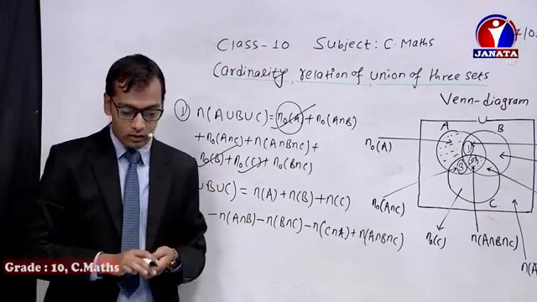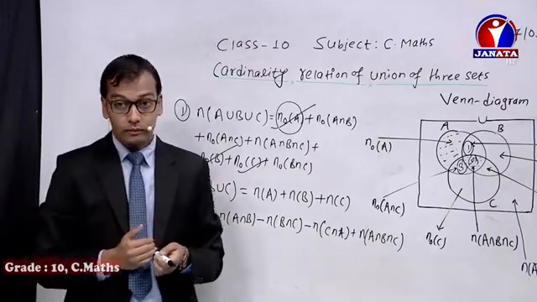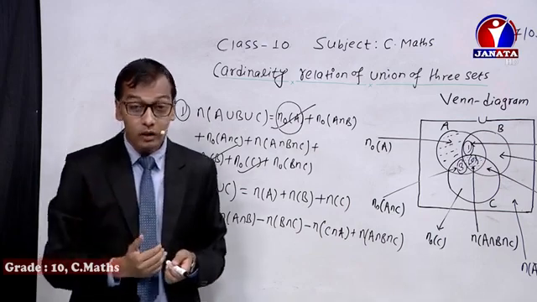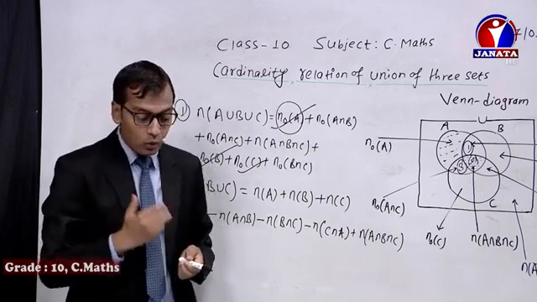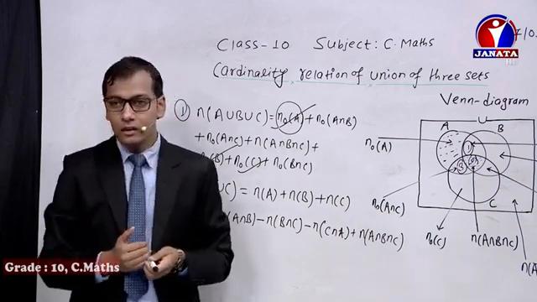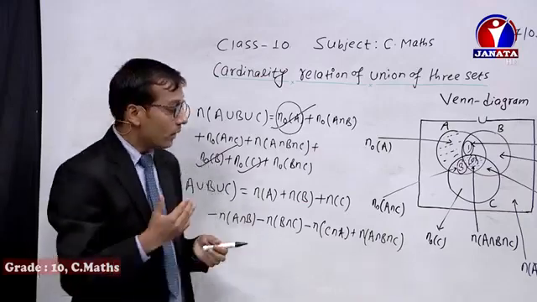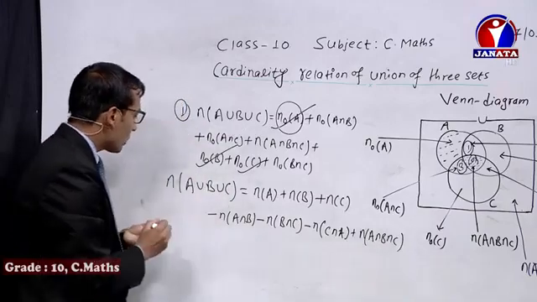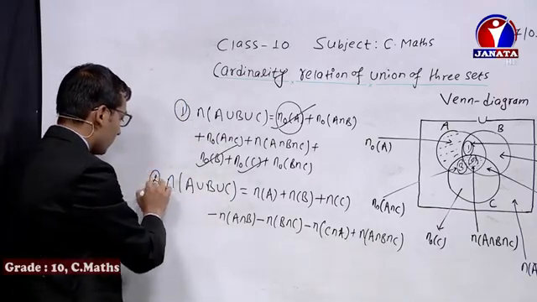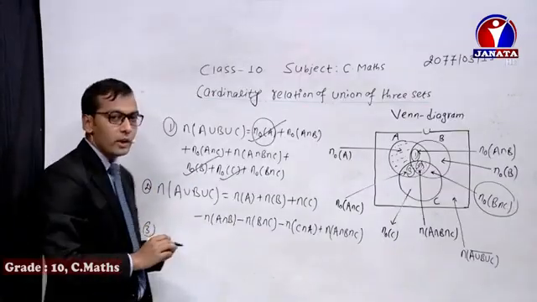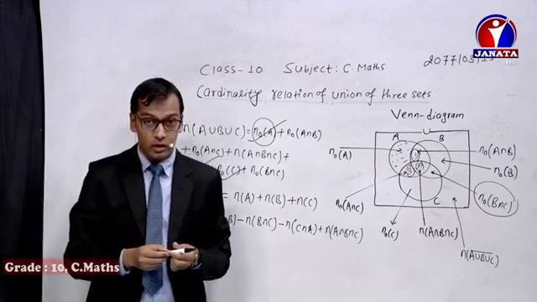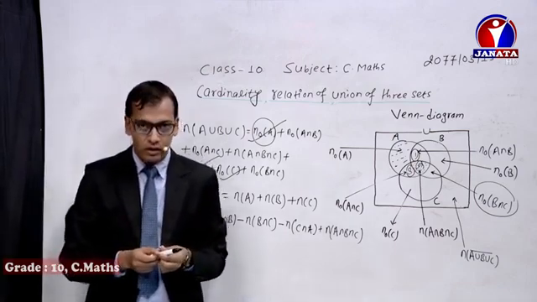Let me take one question or example, and then we will discuss what are the other possible questions in three subsets. Before that, we also can write formula number 3 if we are asked to find the complement. How can we find the complement?